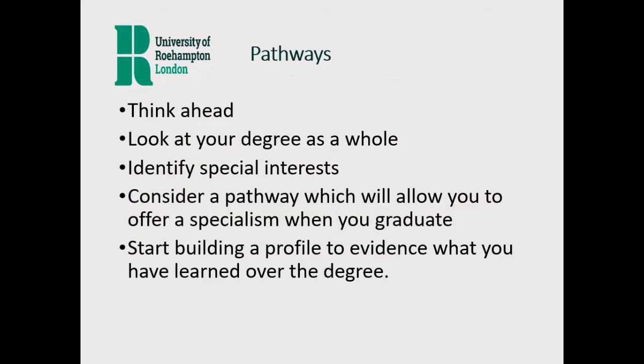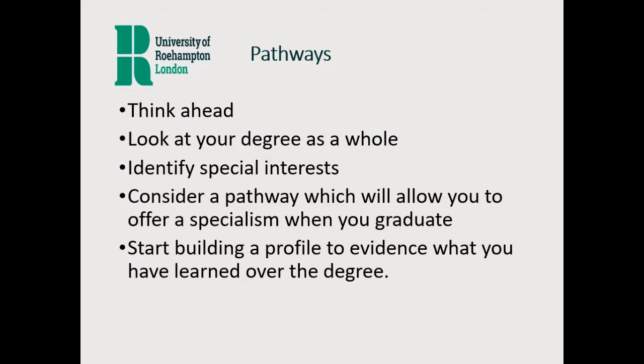So pathways, thinking ahead. You're thinking now about which modules to choose. You're thinking about your degree as a whole. You need to think about anything that you're particularly interested in, an area where you might want to develop your particular career goals.